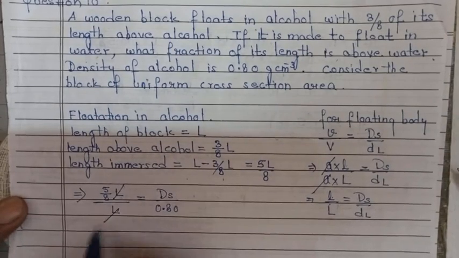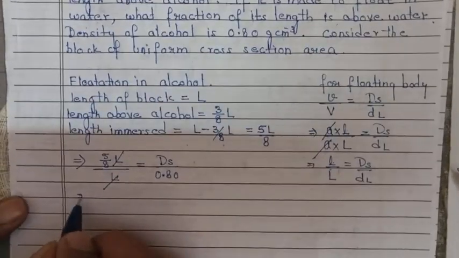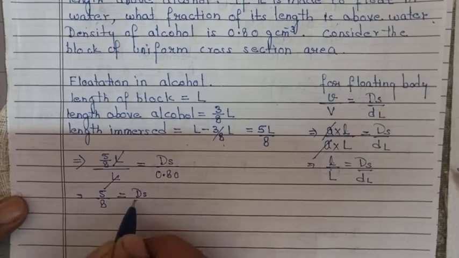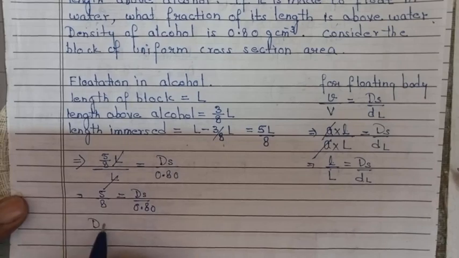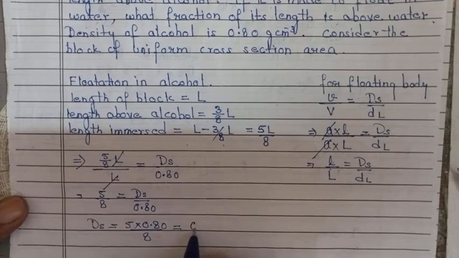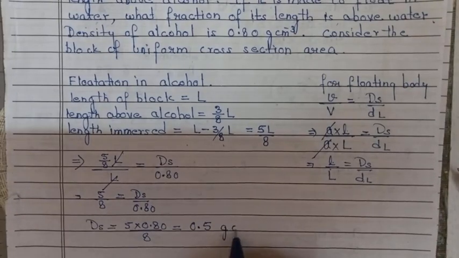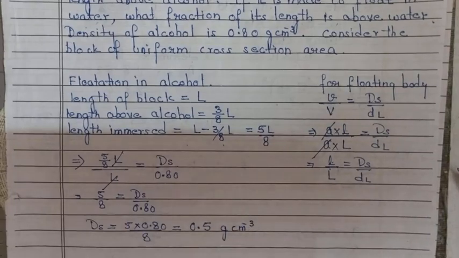This L will cancel out. So you will be getting 5 by 8 is equal to ds upon 0.80. When you cross multiply, you get density of solid as 5 into 0.80 upon 8. So that will give you 0.5. So we have got the density of solid as 0.5 gram per cubic centimeter.